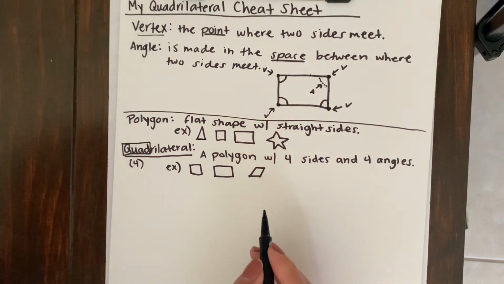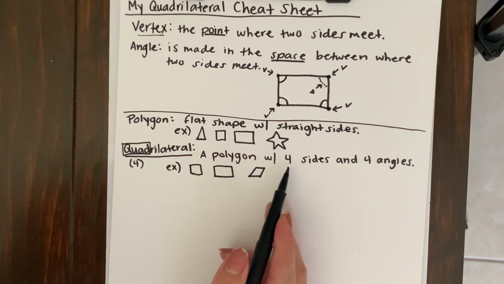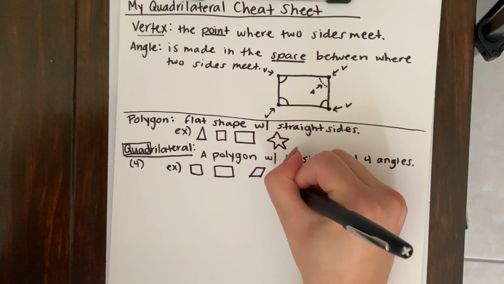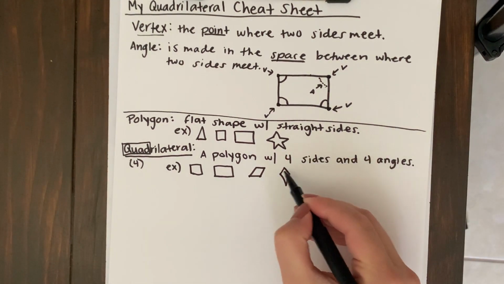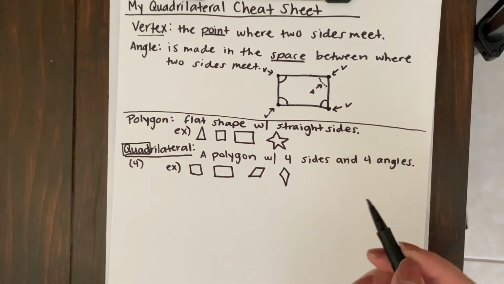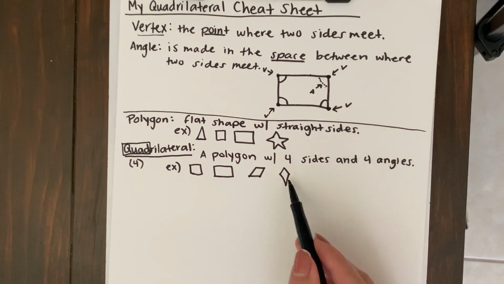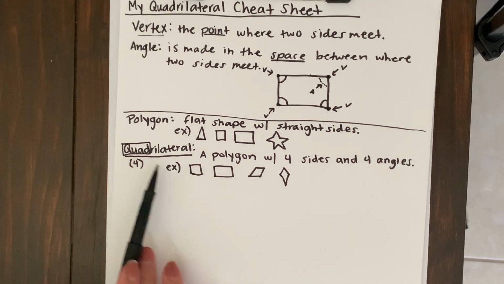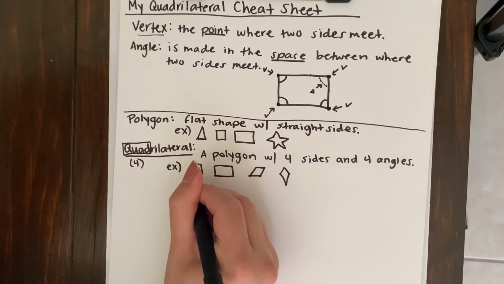It's okay because there are still 4 sides and 4 angles. It could be a diamond. That's a quadrilateral because it has 4 sides, 1, 2, 3, 4. They're all flat, they're all straight, they have 4 angles. So these are all examples of quadrilaterals.